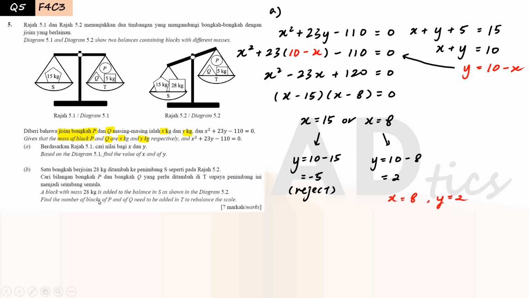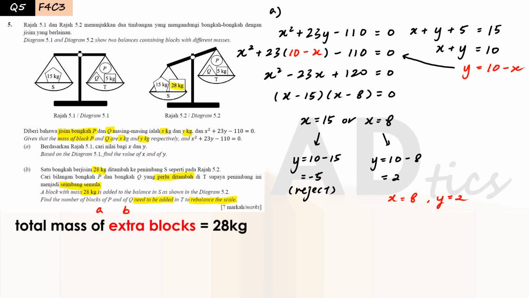For part B, it says an additional block of 38 kg is put into this balance, and we need to find the number of blocks P and Q that need to be added to rebalance the scale. If we assume the number of blocks of P is A and the blocks of Q is B, the total mass must equal 28 kg. So let's form an equation.